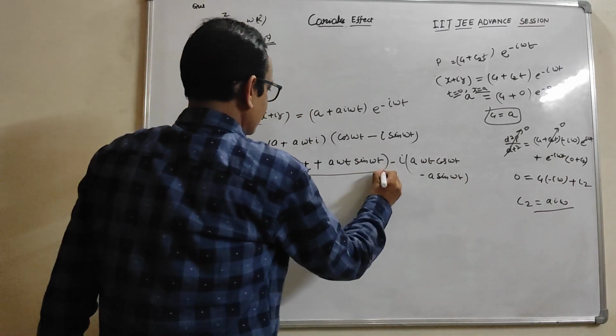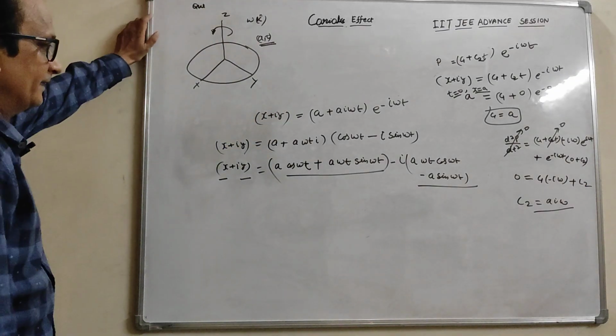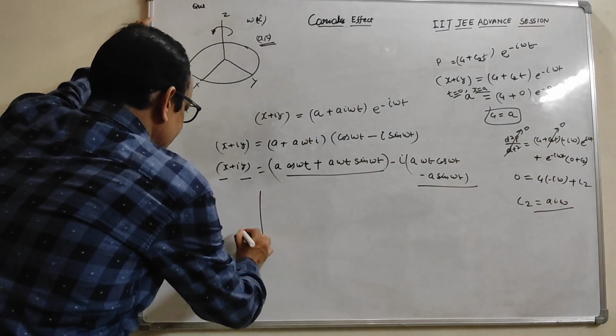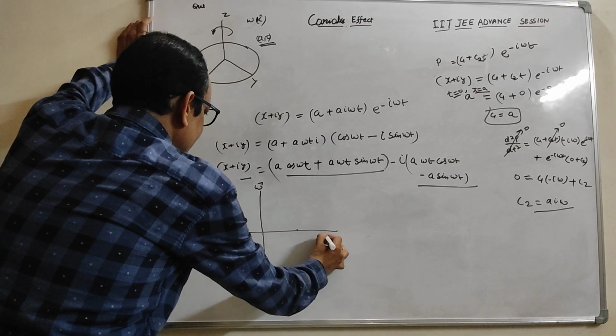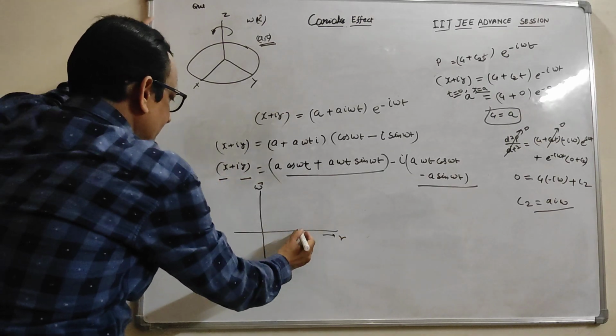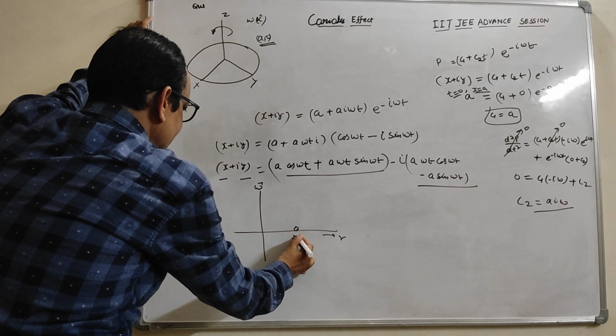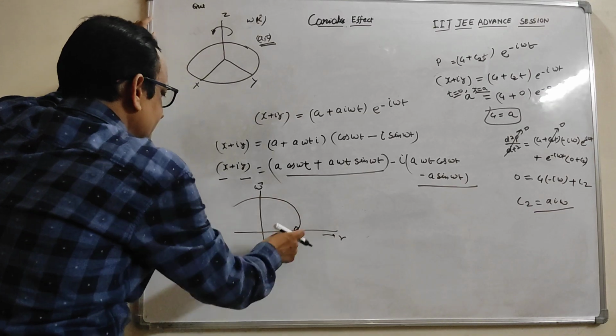This is x and this is y. So for the trajectory of the coin, this is omega, this is the radial distance. When the coin is dropped here, this is the coin, at distance x is equal to a. So this path would be like this.